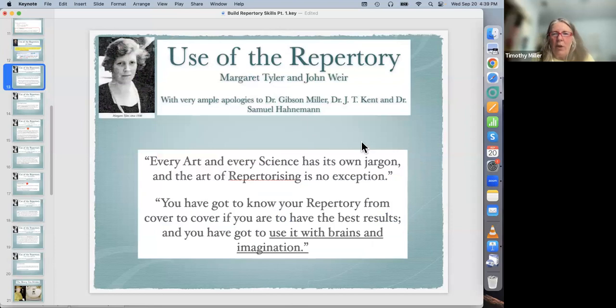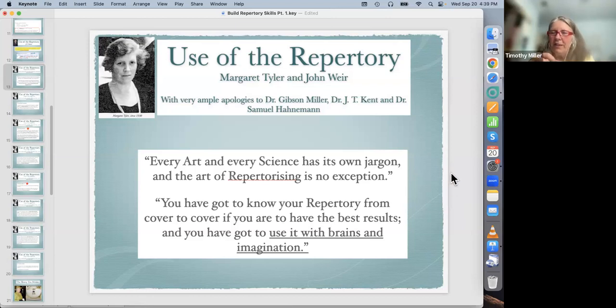Let's move on. Now we have this wonderful woman, Margaret Tyler. Interestingly enough, you are going to find much of her work at the beginning, the same place I found Kent's discussions on the use of the repertory, right at the beginning of your Kent's Repertory. You can read that. And I love what she says here. So just a couple of quotes.